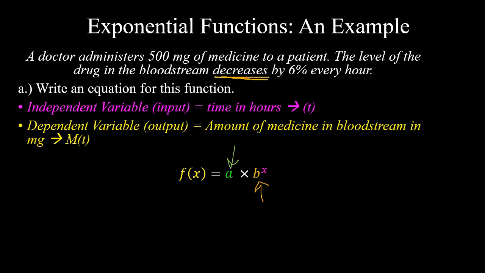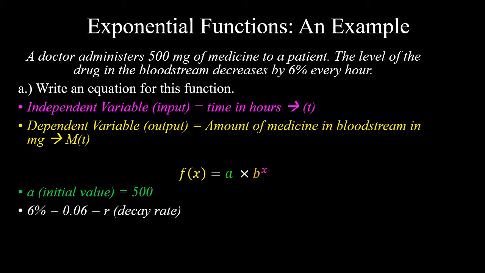We know the amount of medication is going down, okay? So we are decreasing by 6% every hour, all right? And we know our initial value, guys, okay? How much medicine did we start with? 500 milligrams. So we know our A already.